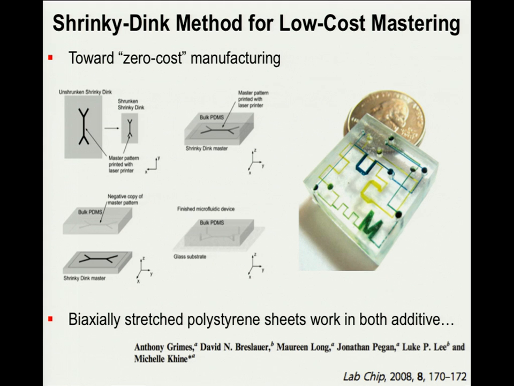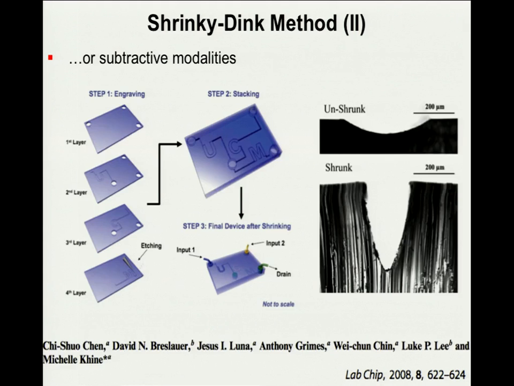It's a child's toy, basically. But if you put ink on it by inkjet printing and you shrink it down by a factor of 10, you can turn a couple micron pattern into a couple 100 nanometer pattern. And then you can make microfluidics for lab on a chip type devices for very low cost.